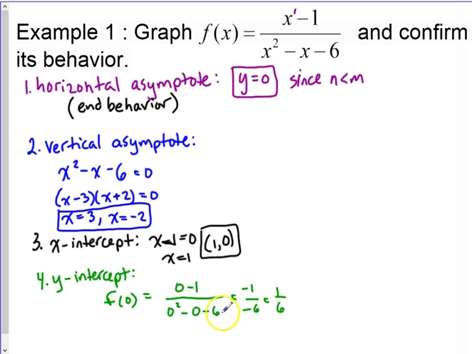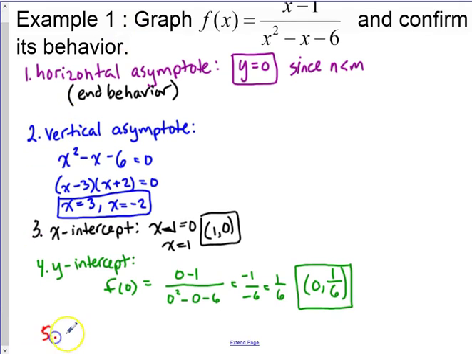So the y-intercept is the point 0, 1/6. I'm kind of reserving this space right in here for a sketch, if you're wondering what's going on with that space there. Finally, our intermediate behavior. Okay, so let's wait till we have our sketch of our graph to check out that intermediate behavior.